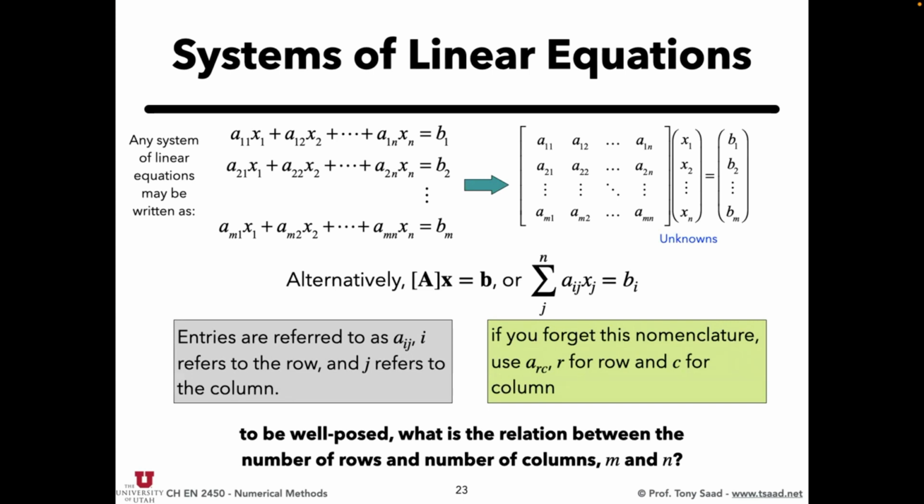Okay, so let's translate that into something less abstract. Those are all true statements, but I want to translate it into something more digestible. What does it mean when the matrix is square? Number of rows equals number of columns. You have the same number of variables. You have as many equations as there are unknowns.